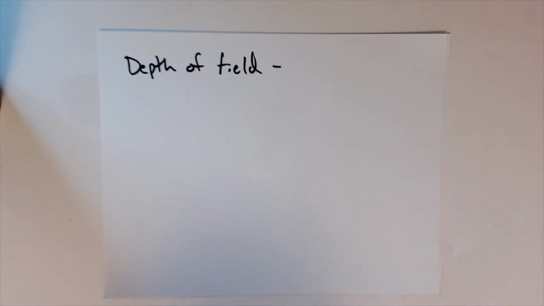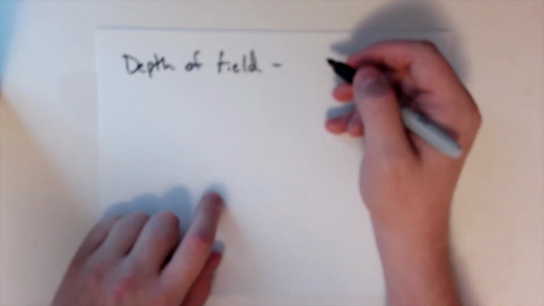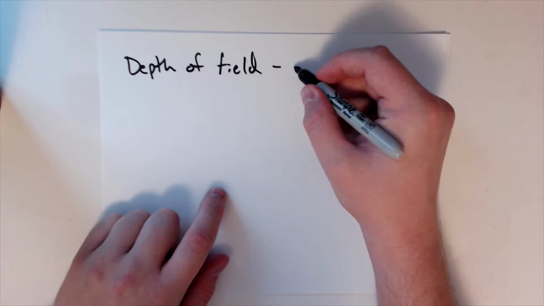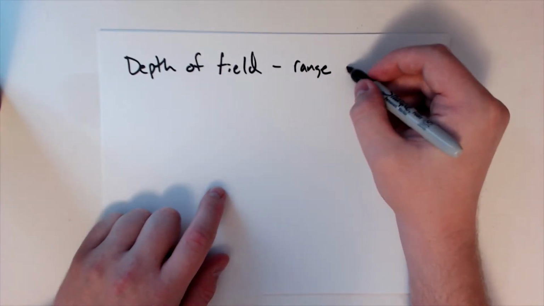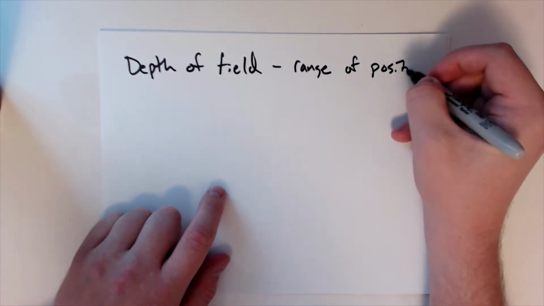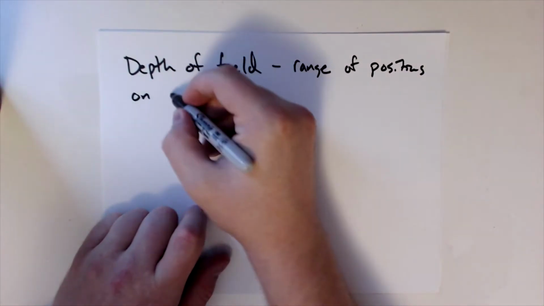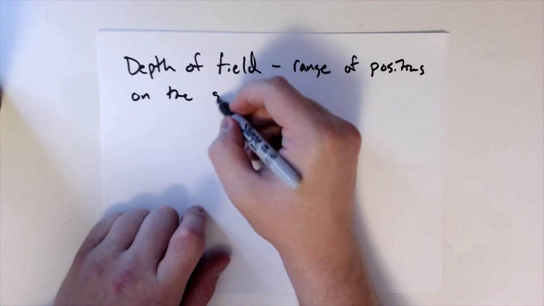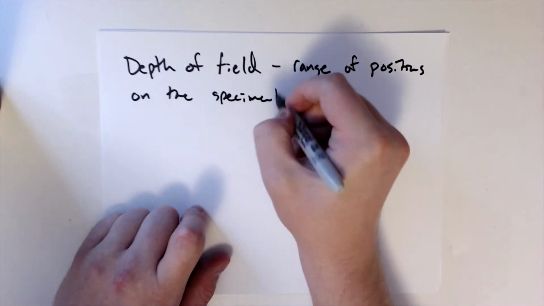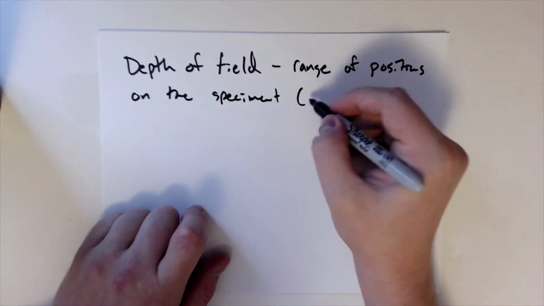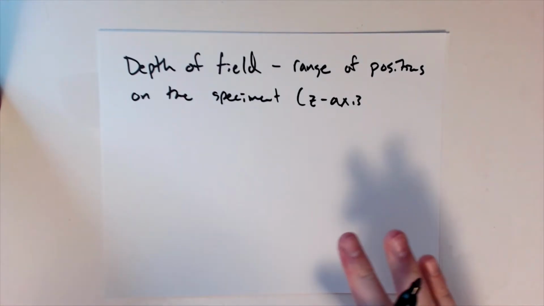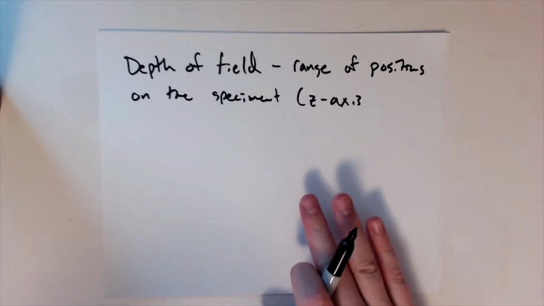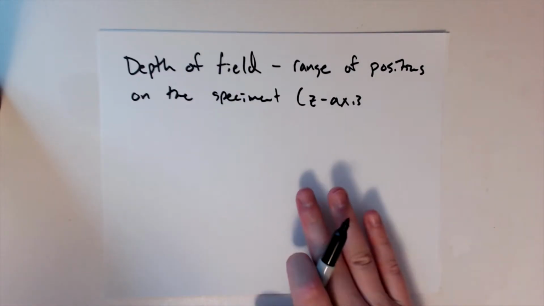All right, the next parameter I want to talk about is depth of field. You might have heard this term in other contexts as well. It's a range of positions on the specimen. We typically think of this as the z-axis because we're talking about vertically, looking at the specimen up or down from it.